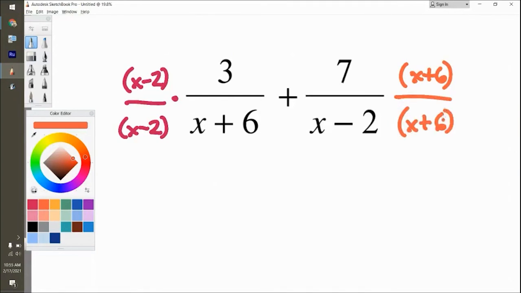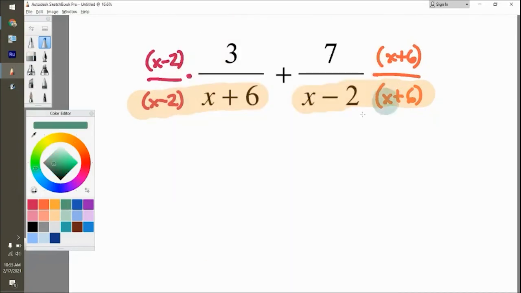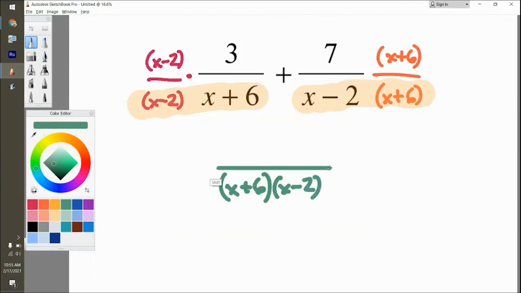If you notice now, our denominators are the same. Because they're the same, I'm just going to rewrite the denominator down here. It's going to be x plus 6 times x minus 2.